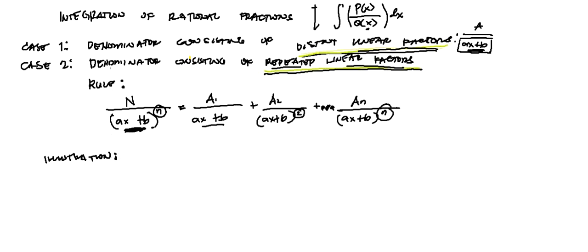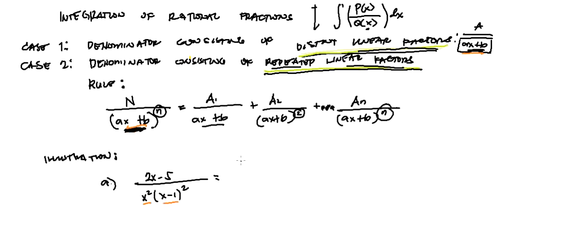For illustration of this application of the rule, say we have 2x minus 5 all over x squared times x minus 1 squared. As you can see here, we have two groups of ax plus b. The first one is x squared, and we have x minus 1, which is also raised to 2. So we follow this rule.